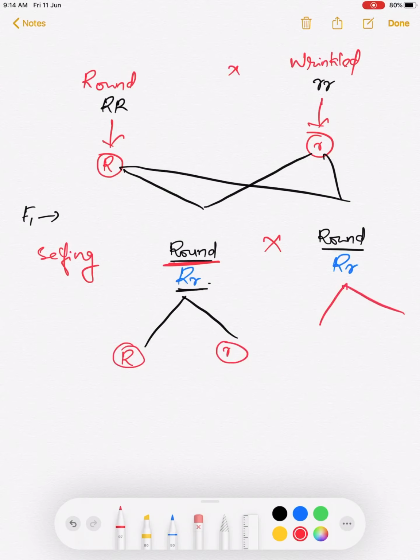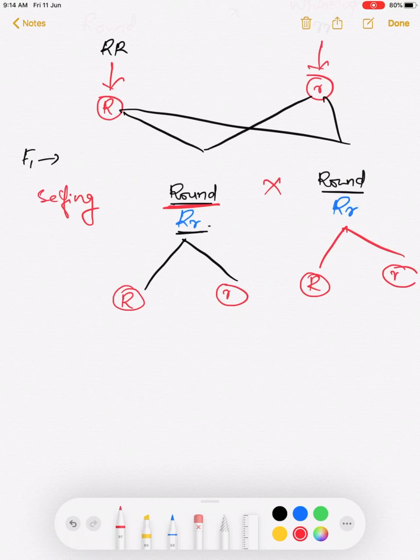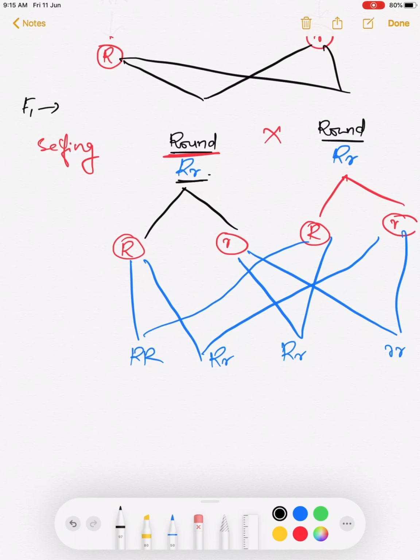In the same way, these capital R and small r also separate and segregate, and enter into different gametes. These gametes can undergo random fertilization. If this capital R combines with this, we will get capital R. Then what will be the phenotype of these progenies? As you know, all these three will have round seeds. This progeny only produces wrinkled seeds, so that we can get a 3:1 ratio.